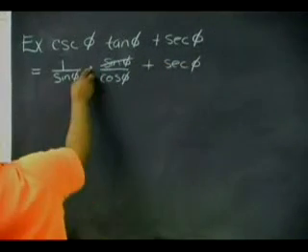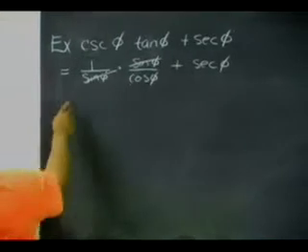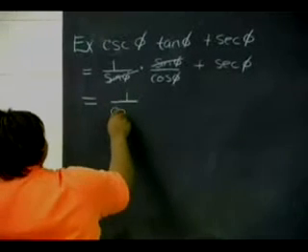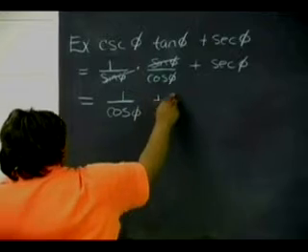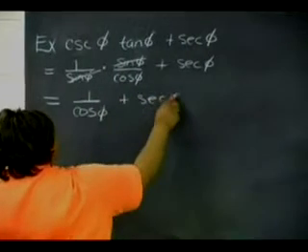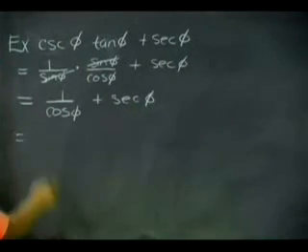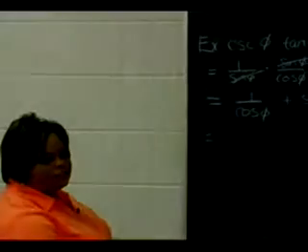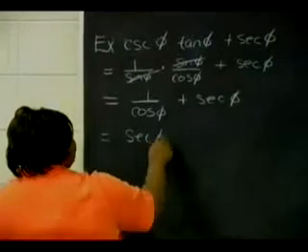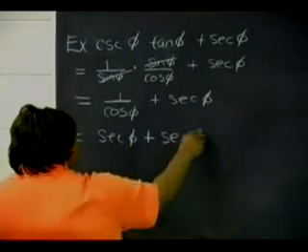So I can cancel out that sine, right? And I'm left with 1 over cosine plus secant phi. Can I write 1 over cosine as something else? Secant. 1 over cosine is secant. So I have secant phi plus secant phi, which is what?